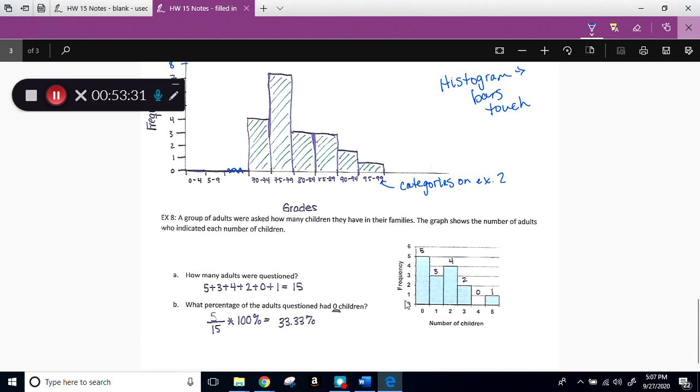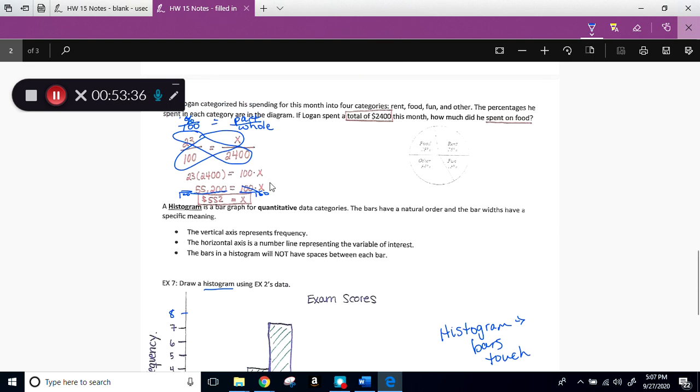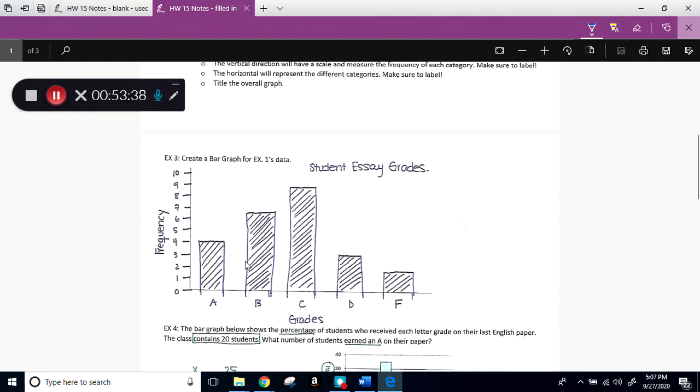So that's a histogram because the sides are touching. This one was a histogram that we drew. And then earlier we did a bar graph. A regular bar graph, the sides don't touch. Now notice we were talking about A, B, C, D, F. Or you might have one that's like vanilla ice cream, strawberry ice cream, chocolate ice cream.